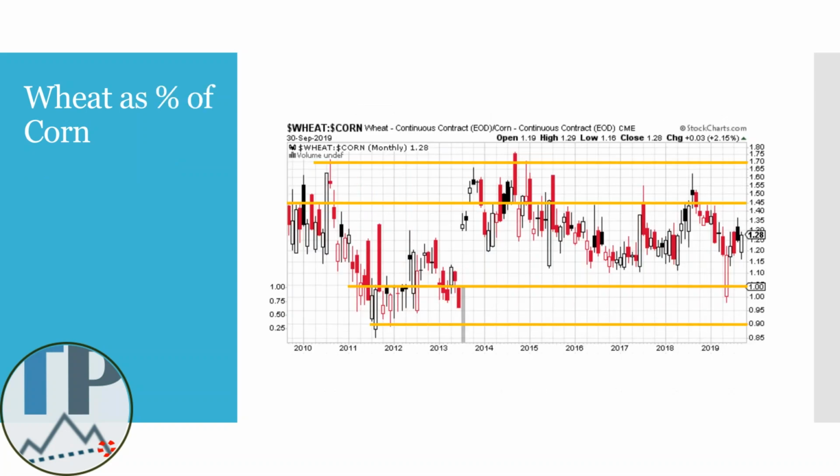Okay, now on this next chart, we're looking at the wheat as a percentage of corn relationship. Unlike with soybeans, wheat is actually traded at a premium to corn. Soybeans, of course, as I mentioned before, trade higher than wheat traditionally.